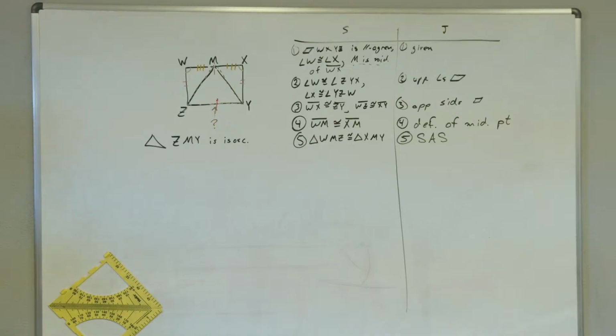No. Not with isosceles. Yeah, base angles are congruent. We don't know anything about angles. Well, we know a little, but not much, right? But now that we've got those two triangles congruent, we can know something about the sides. So what can we say now?